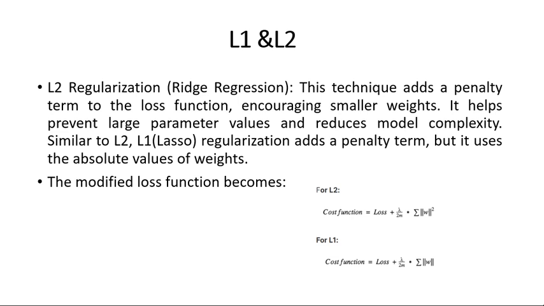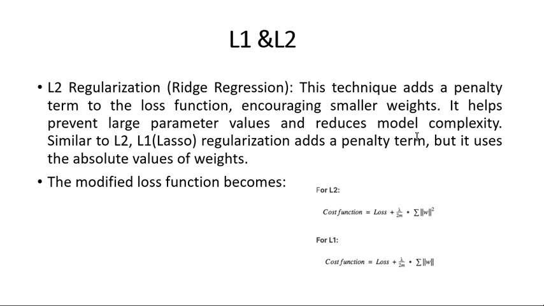So these two techniques use two cost functions. The L1 technique uses this cost: loss plus lambda by 2 into summation of the absolute magnitude of weight. And the L2 cost function uses the original loss plus lambda by 2 into summation of the magnitude of weight squared.